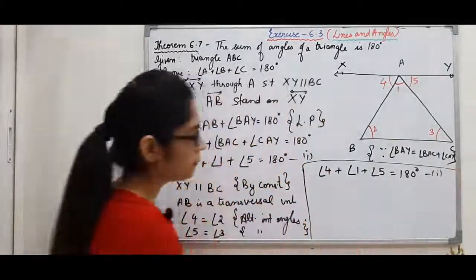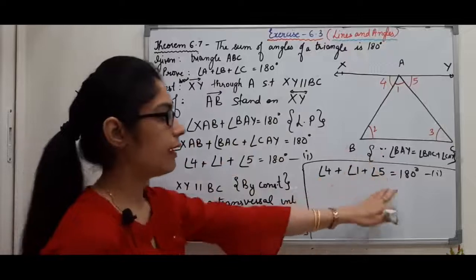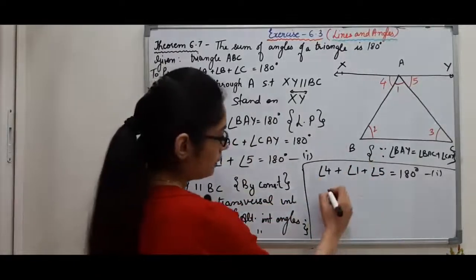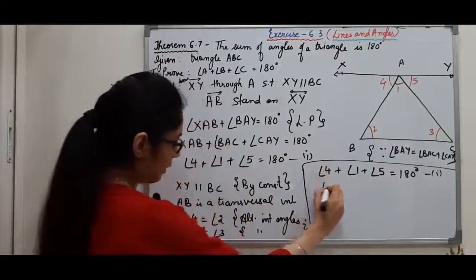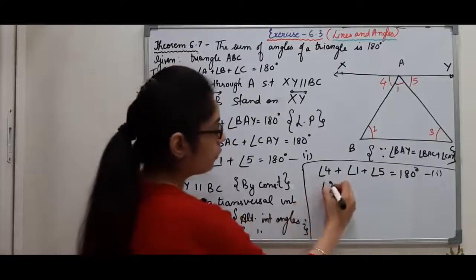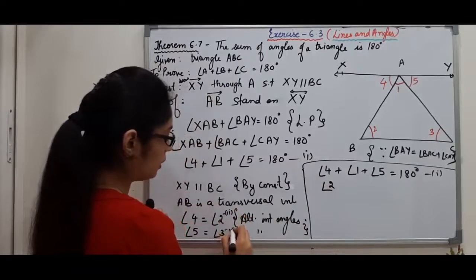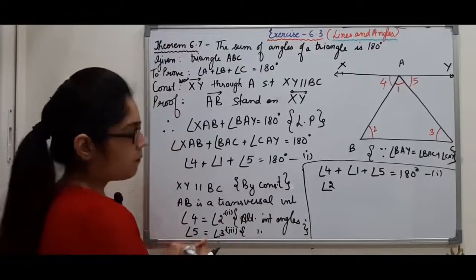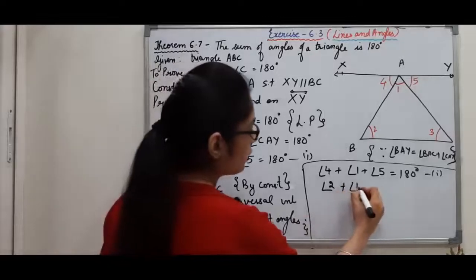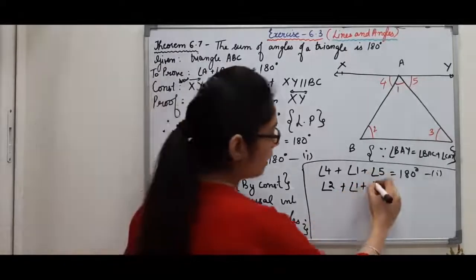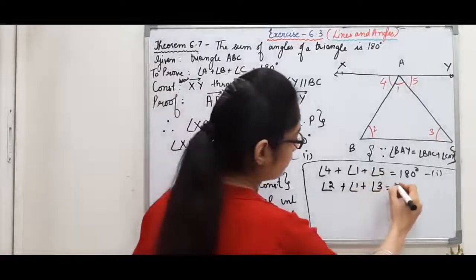On substituting the values we will get angle 4 is equal to angle 2, which we mark as point number 2, and this as point number 3. Angle 1 as it is, and instead of angle 5 we can write angle 3.